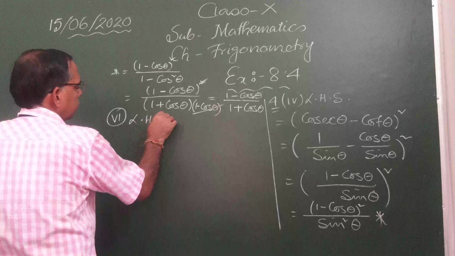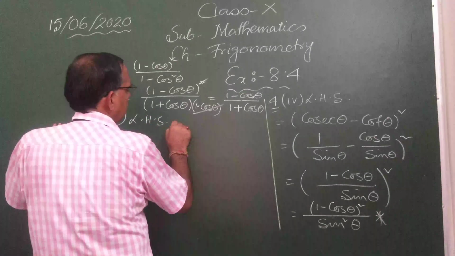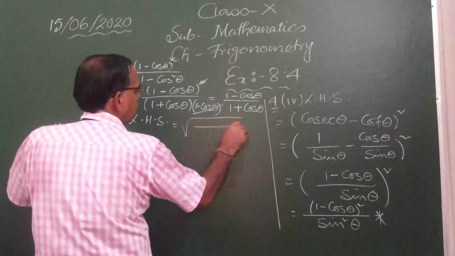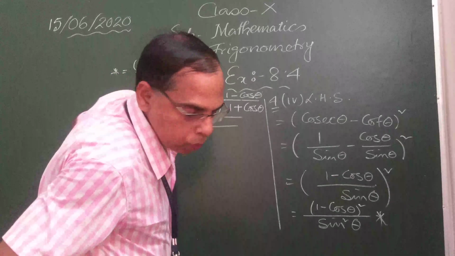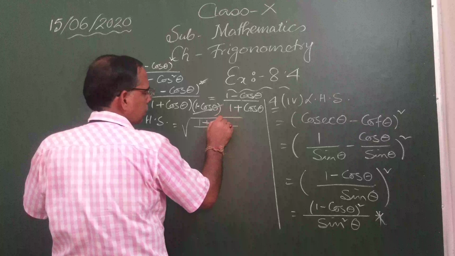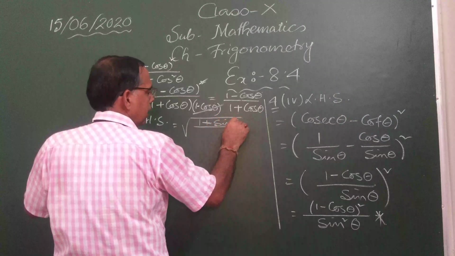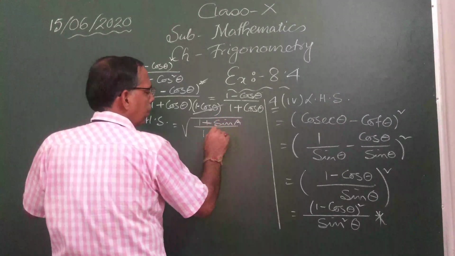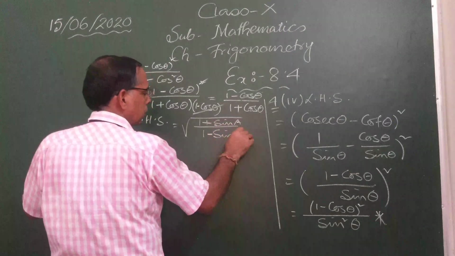LHS: square root of 1 plus sine A divided by 1 minus sine A. Here minus, here plus is coming.